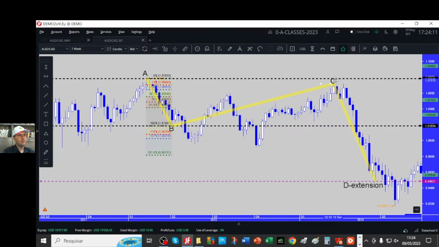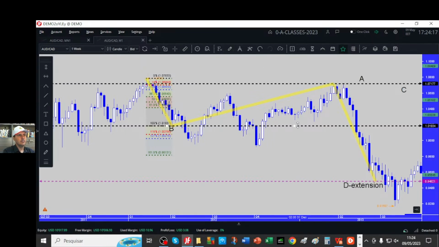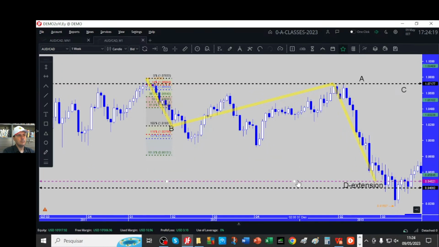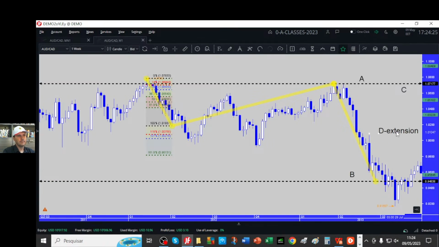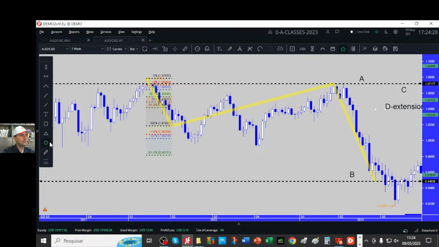Now, we've learned yesterday, A goes to C, B goes down to D, and Fibonacci retracement tool. We're going to connect A to B again.